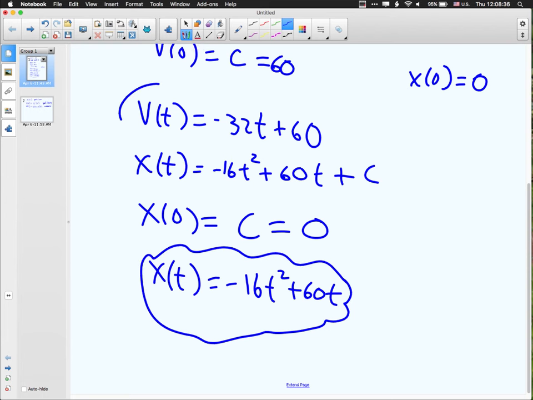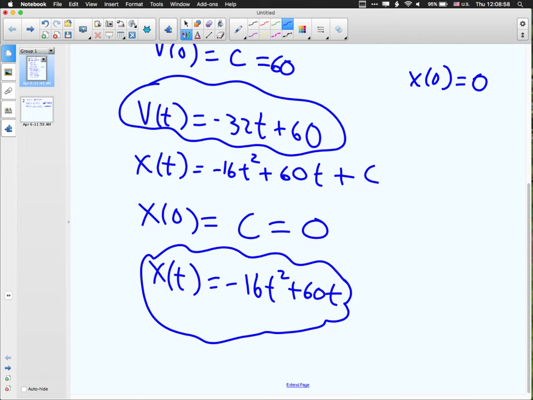That's the position. That's the speed. And we know that the acceleration is negative 32. And then, as James said, to find the max of something, we take the derivative, set it equal to 0. Same way we've been taking the max since before winter break.